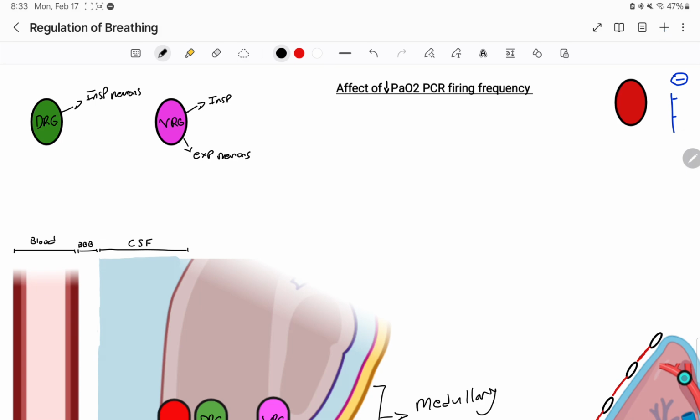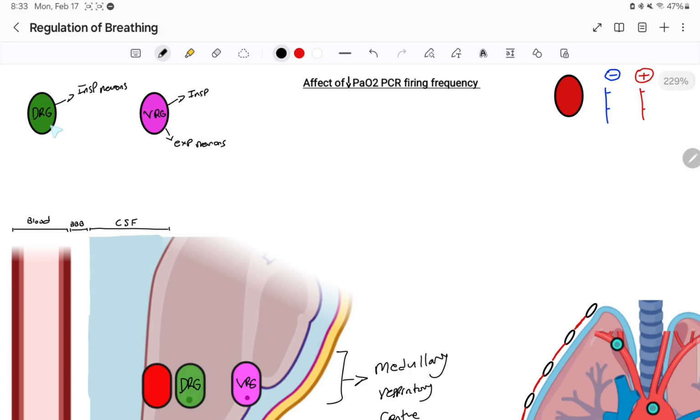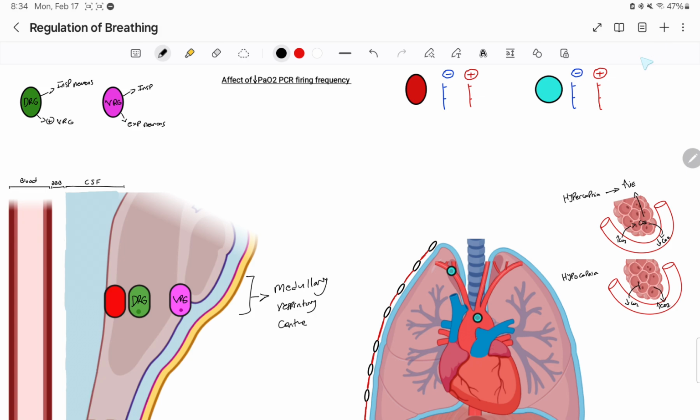Also, the DRG, you guys will see as the rest of this video, not only does it receive a lot of input from many different locations, but it can also go ahead and activate or stimulate, okay? So I'll put plus sign for stimulate. It'll stimulate the activity of the ventral respiratory group, okay? So once this guy in and of itself becomes activated, it'll go ahead and activate the VRG as well, all right? So it has the ability to do that.